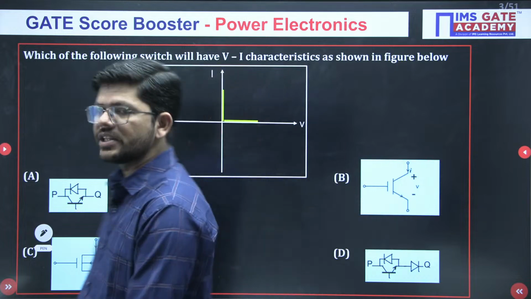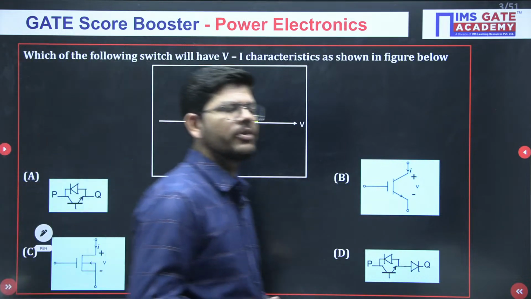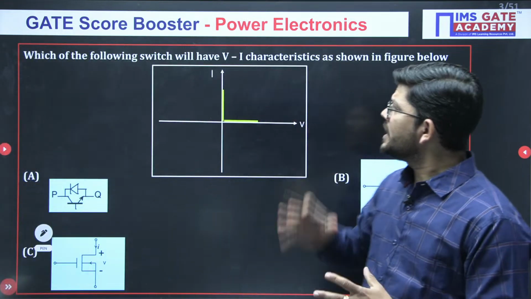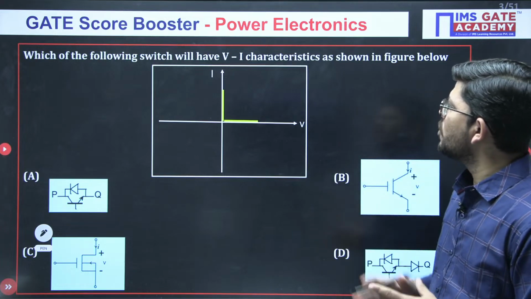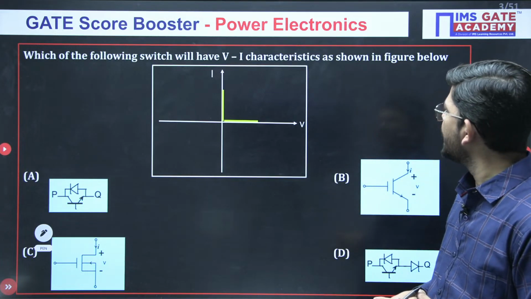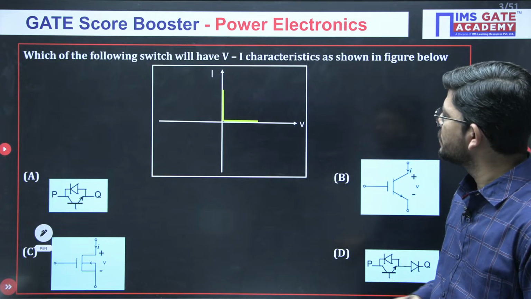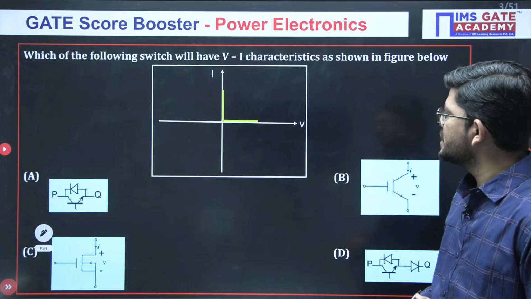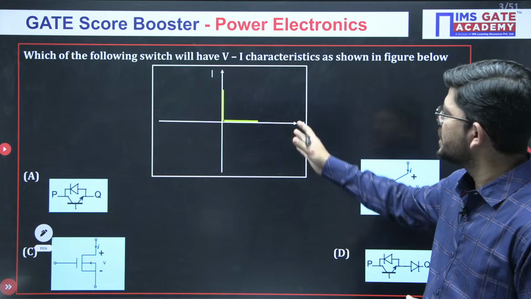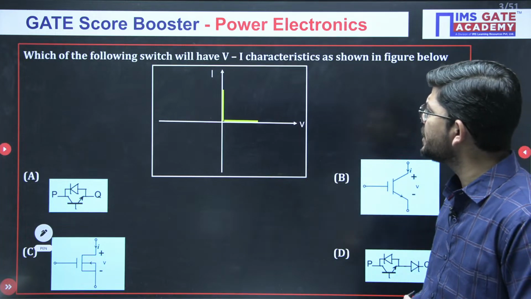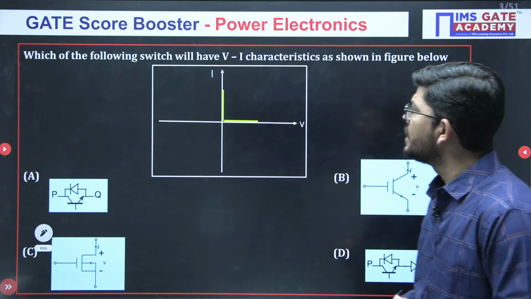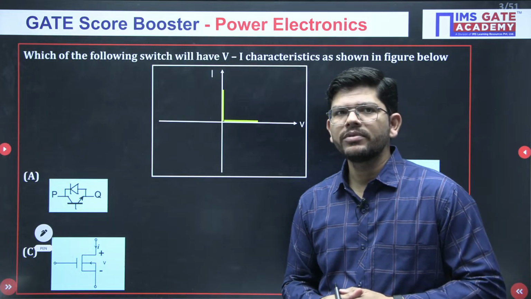Yes, and that is from switch realization. So this is the question. Let me read it out. What has been given in this question is, which of the following switches will have the VI characteristic as shown in the figure? So this is the switch realization given to us, and the switch is blocking positive voltage and it is carrying positive current when it is on.